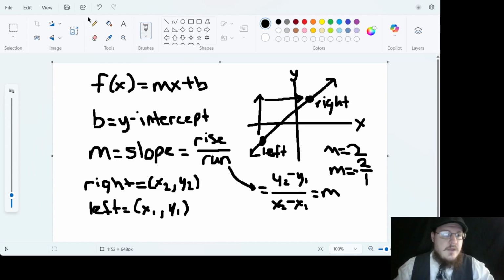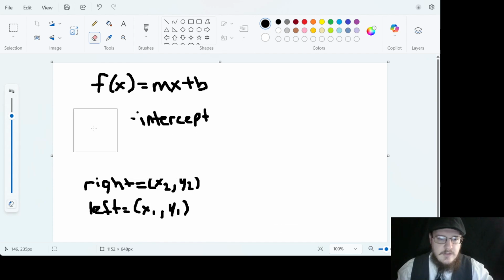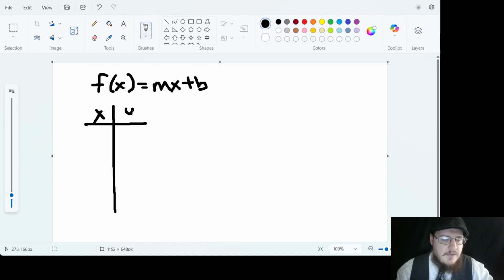Okay, so go ahead and erase this. Now we have our x, and we have our y, which is basically our f of x. We are plugging in an x value and getting a y value, or an f of x value.